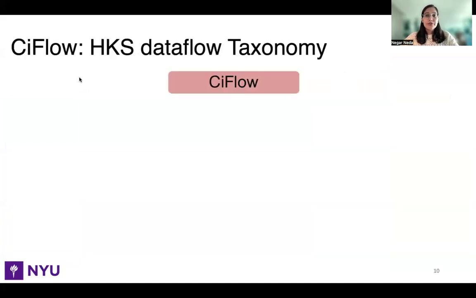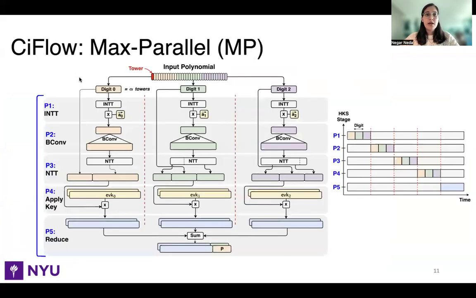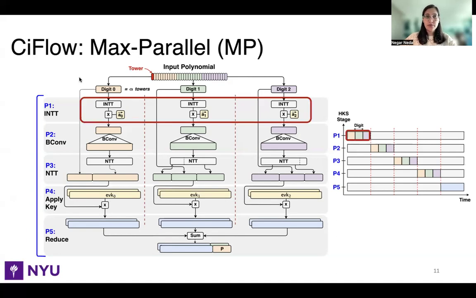So now I will introduce the data flows that we have presented in CiFlow, and we will start with the first data flow called max parallel. Here in max parallel, each tower is loaded onto the chip for a single operation, and an operation is computed on all input towers before moving to the next operation.